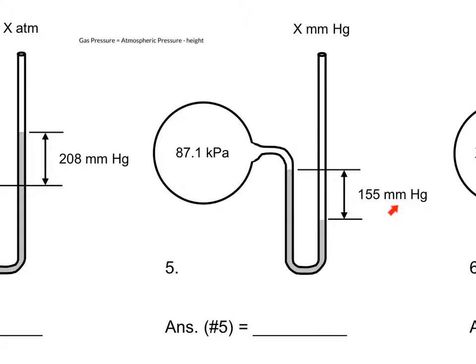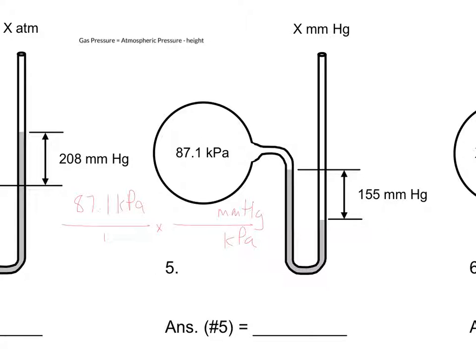This height is in millimeters of mercury, but this gas bulb pressure is not. So we need to make sure that we have both the gas bulb pressure and the height in the same unit as what our answer wants to be. So we're going to have to do a conversion before we can use this equation so that we can make sure that this is millimeters of mercury. So let's do that next.